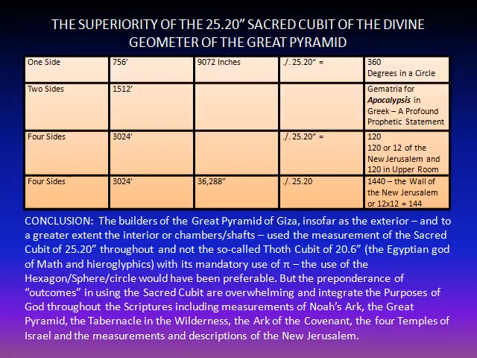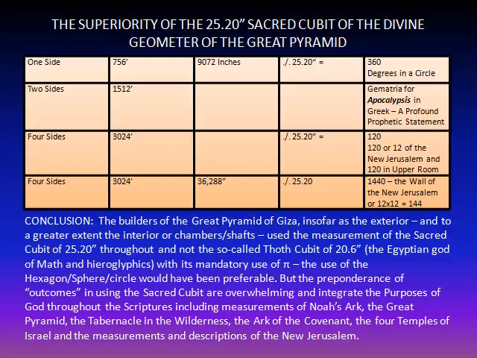Now, on one side again, let's look more carefully at the use of the 25.20-inch sacred cubit measurement for the building of the Great Pyramid, and we will find that on one side the measurement is 756 linear feet, or 9,072 linear inches, divided by the measurement of the sacred cubit itself of 25.20 inches, will give us 360 degrees, which is the number of degrees in a circle.